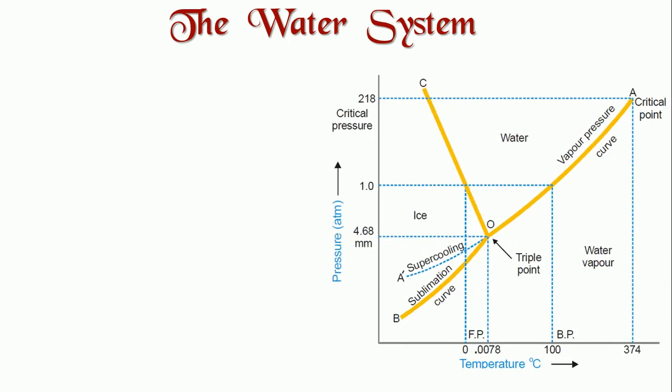Today we are going to discuss the phase diagram of a one component system, and the component of this system will be water, that is, the water system. From this diagram, you can see that it has all three main features of a phase diagram: three areas, three curves, and one triple point.